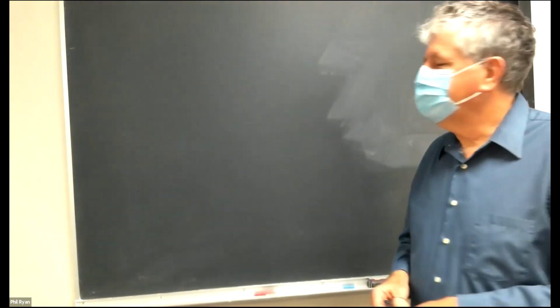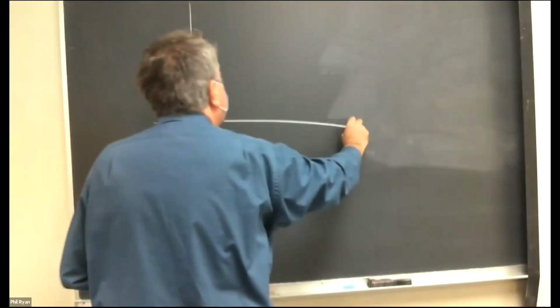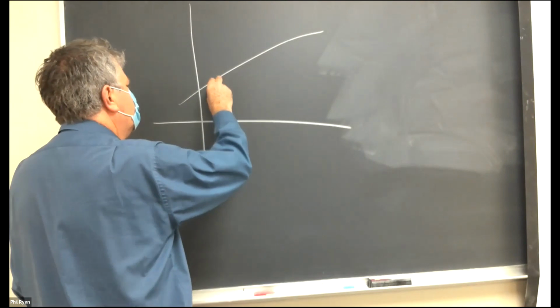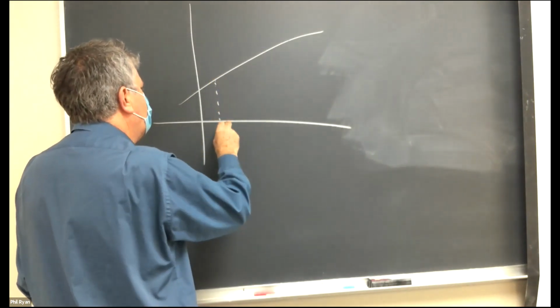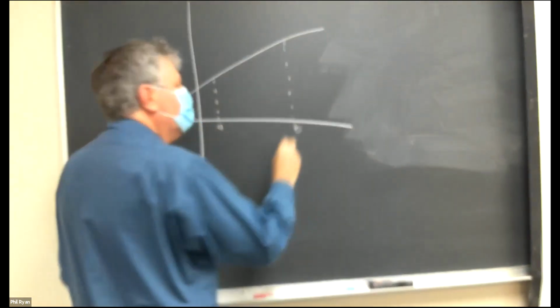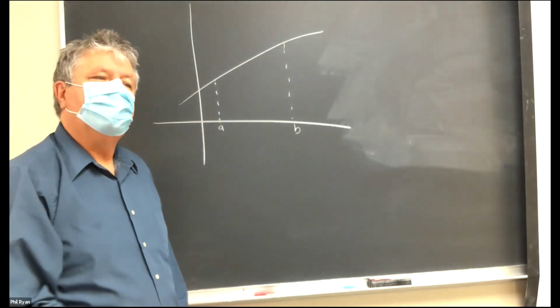Okay, so last time we talked about, we have a function like this. And one thing we can do is say we want to find the change between two points A and B. Or another way, we want to find the area underneath this curve here.